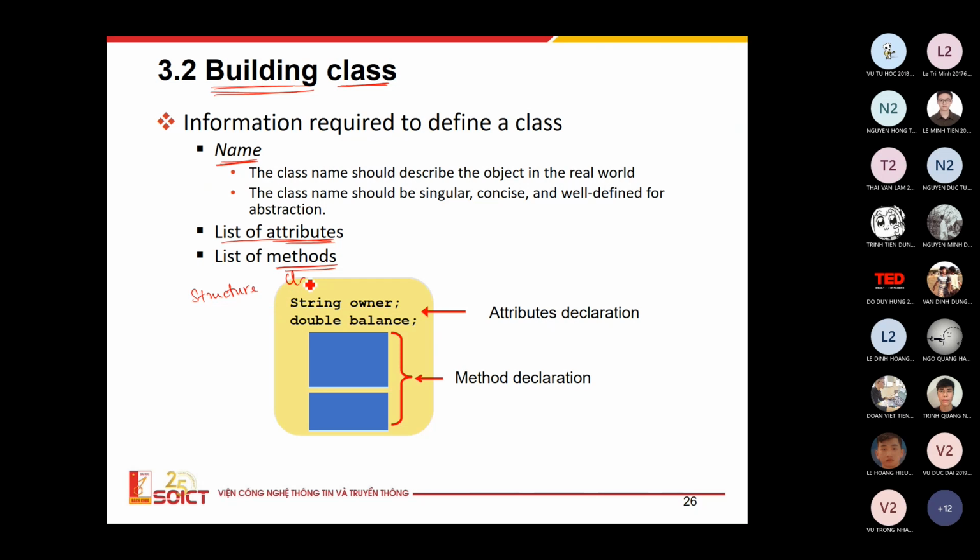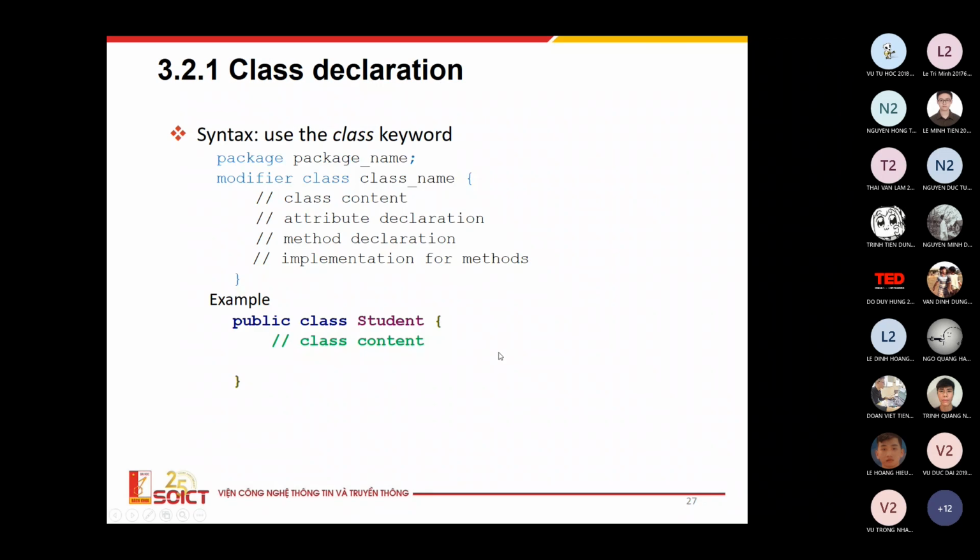Firstly, you will have the class name, and then you declare the attributes, and then you declare the methods. This is the structure of a class. And in the example, you can see the syntax used to declare the class. Remember the keyword class is used to declare a class.